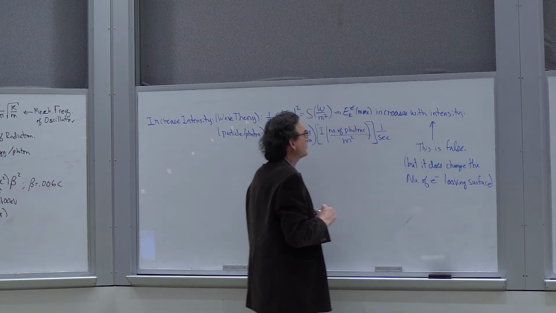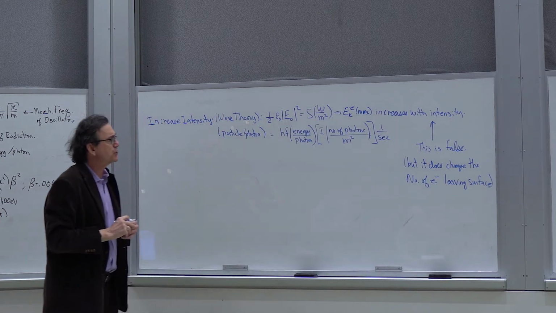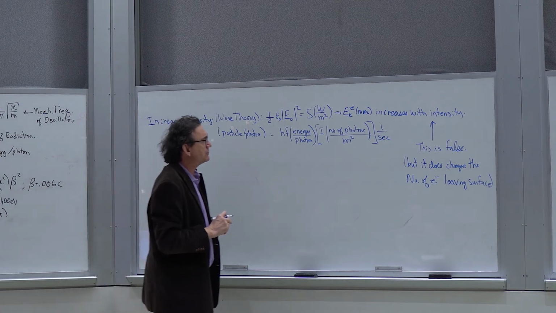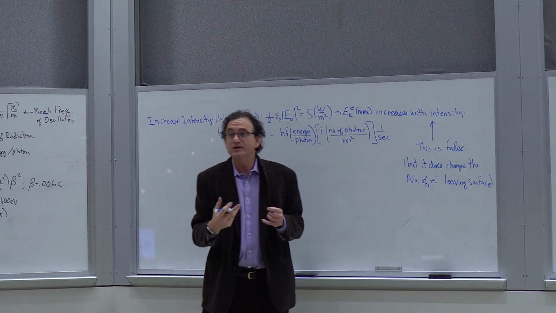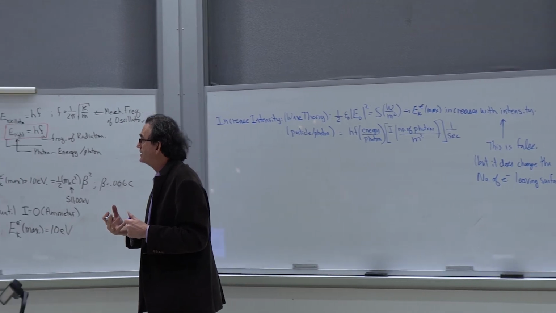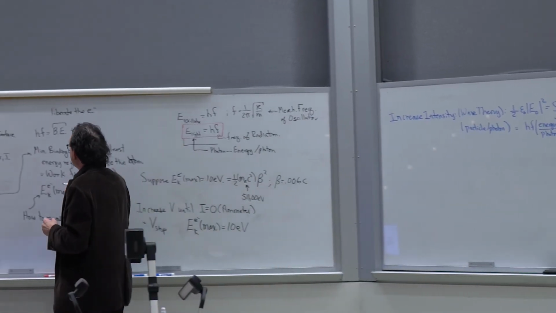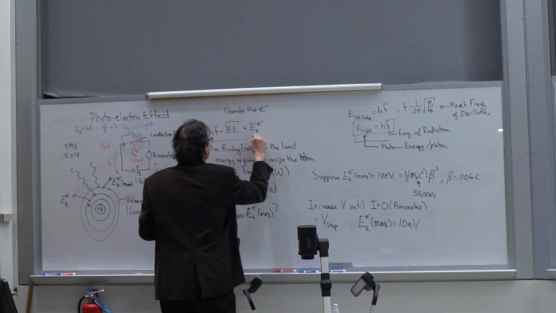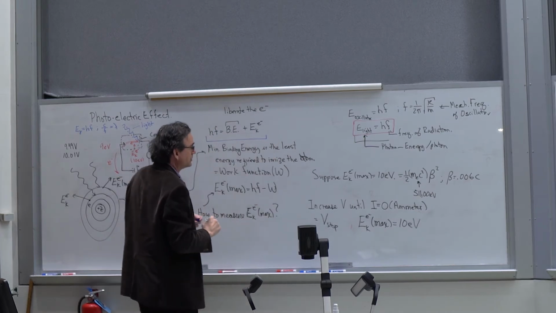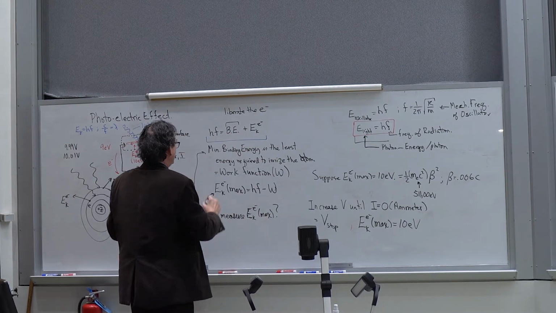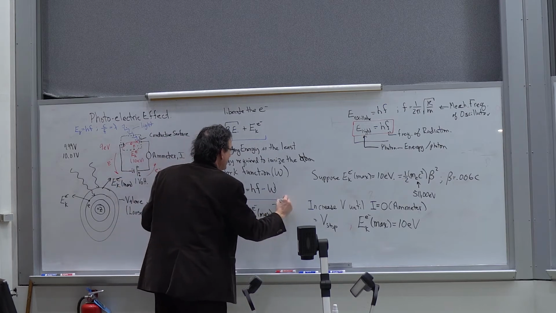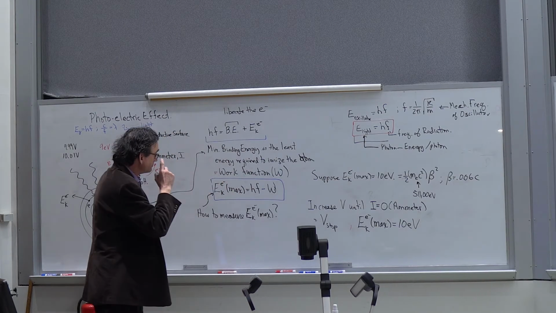So the classical picture is proved false, and Einstein's notion is proved correct. This is the equation we want to use to describe the maximum kinetic energy.